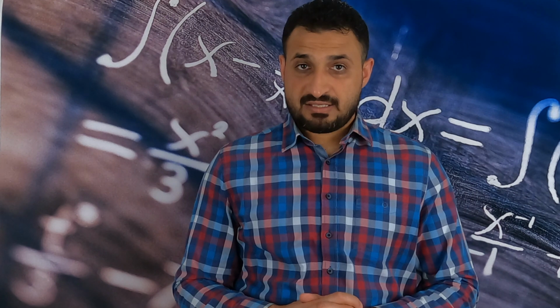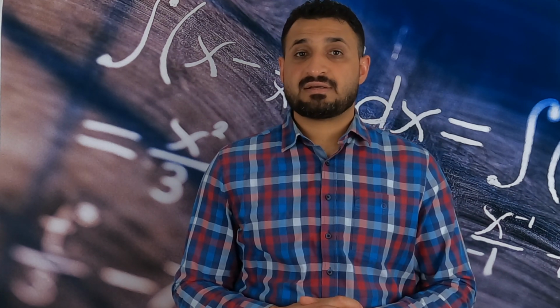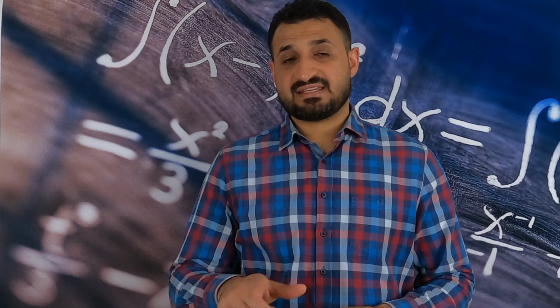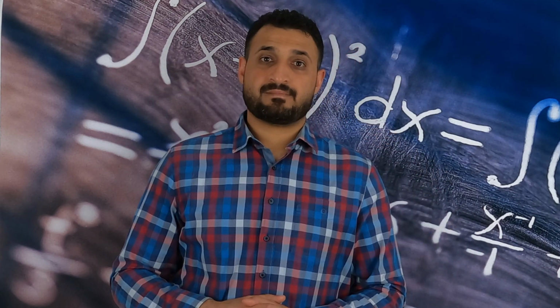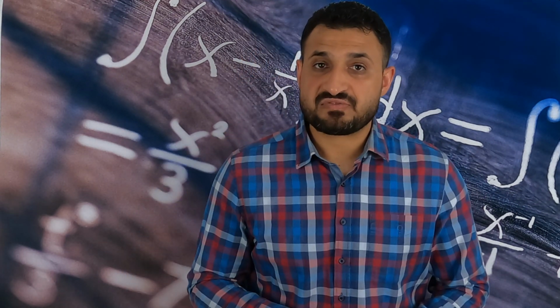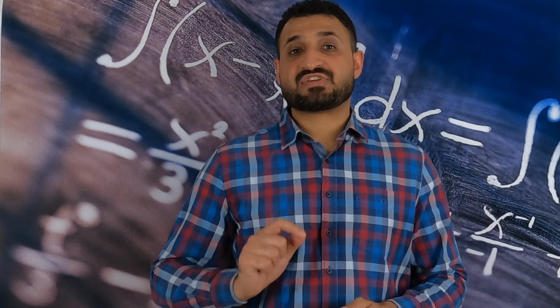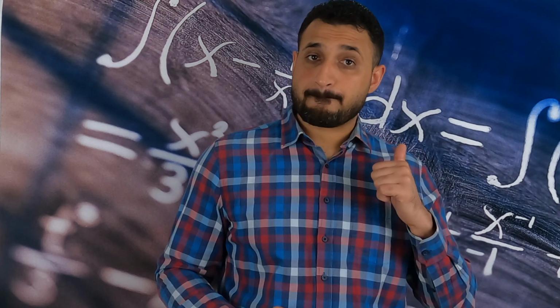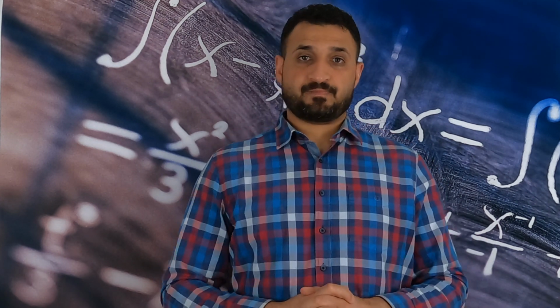3 times a number less than 11 is 5. 70% of a number subtracted from, be careful, subtracted from 8.